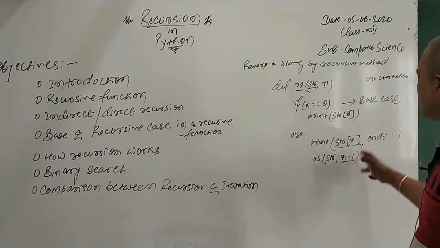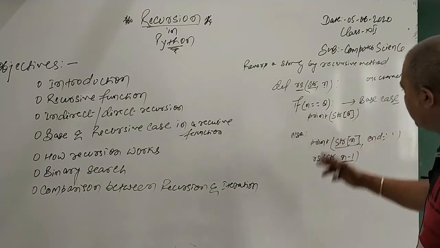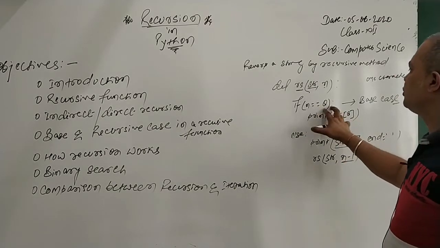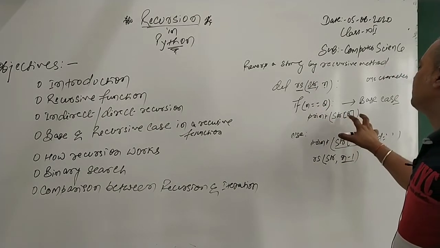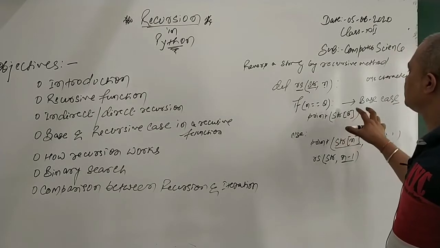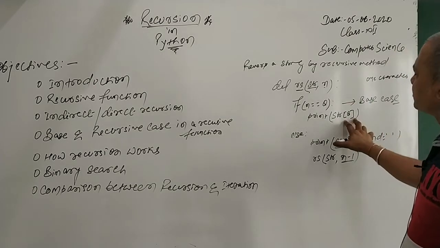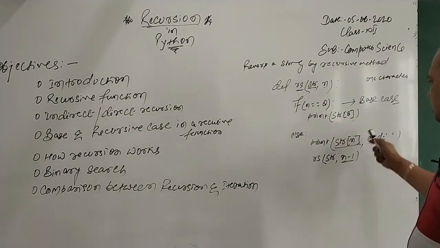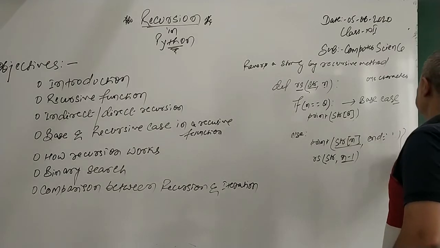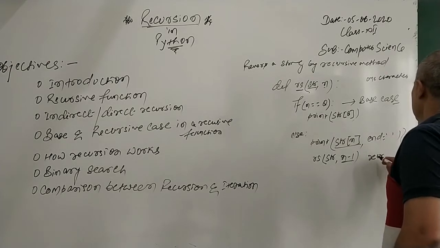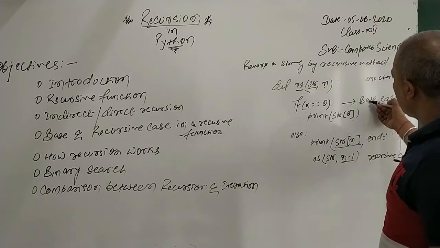It will keep on displaying the string characters from the backward. The moment n equal to 0 is there, it will simply show you the first character of the string, or the 0 character of the string. This is called the recursive case, and this is called the base case.